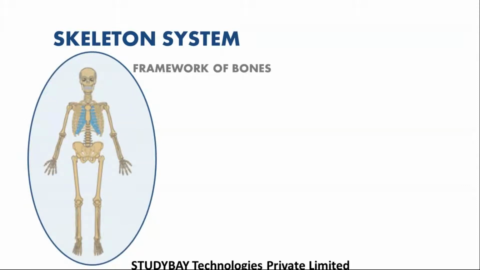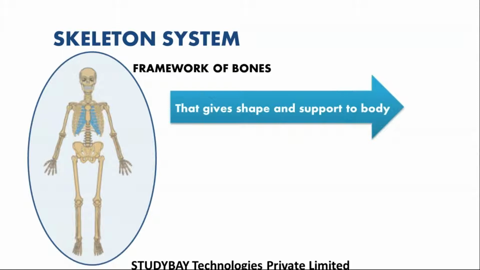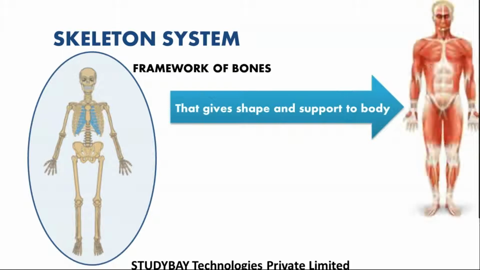So this is basically a framework of bones that gives shape and support to the human body. Not only the human body, it can actually give shape and support to all the living organisms which are present here.